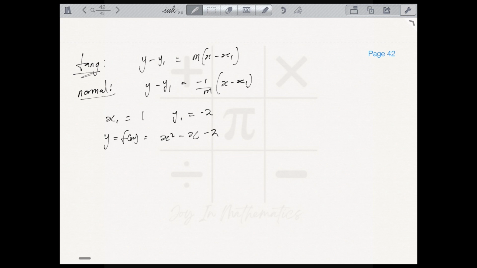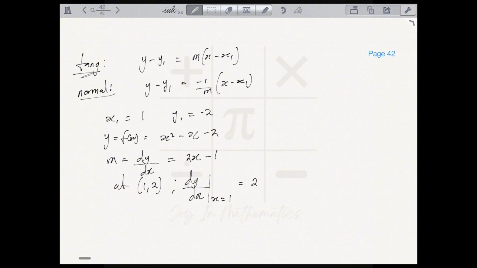In this case, the first thing to do is to evaluate the gradient, that is m, and m is given by dy/dx, and dy/dx of y is 2x minus 1. At the given point, we are saying that dy/dx at x equals 1.